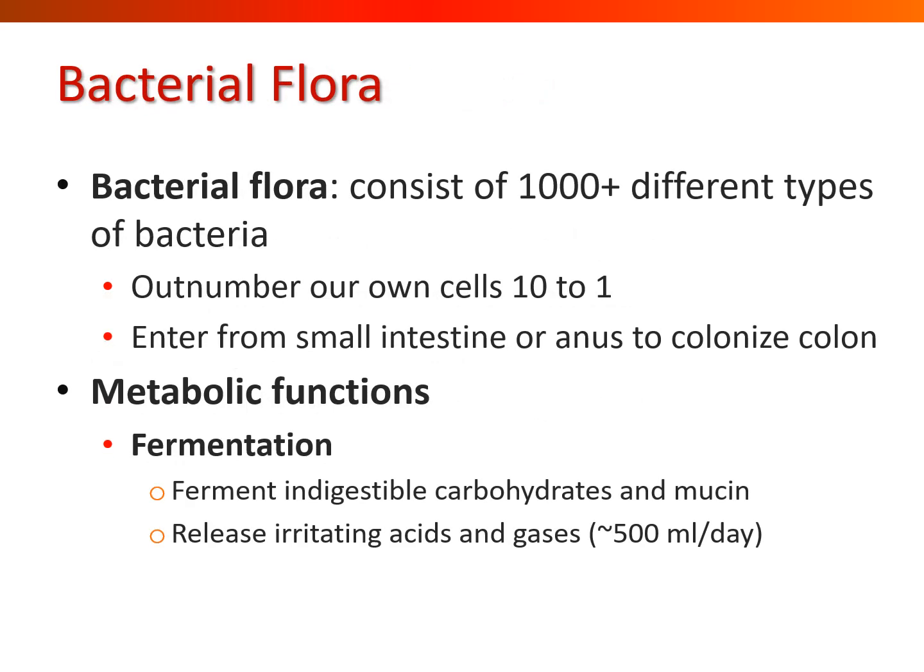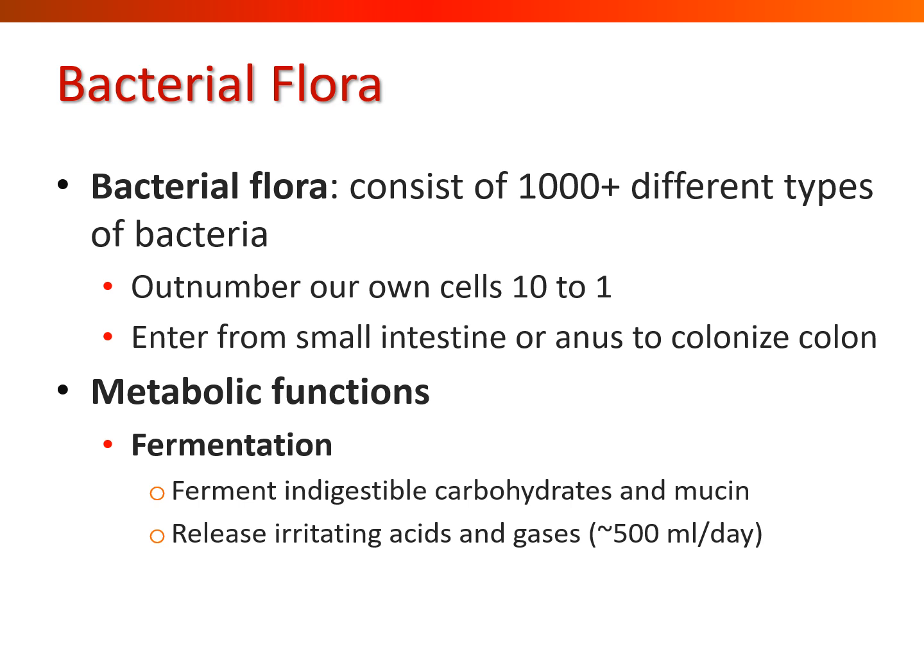So the bacteria in the large intestine is a big population. We've got about 1,000 different types of bacteria in there. And the number of bacteria in the large intestine actually outnumbers our own body cells 10 to 1. That's a lot of bacteria. And they're going to enter into the large intestine, either from the small intestines or the anus. And they're doing that in order to colonize the colon, because it's actually fertile ground for a lot of bacteria.